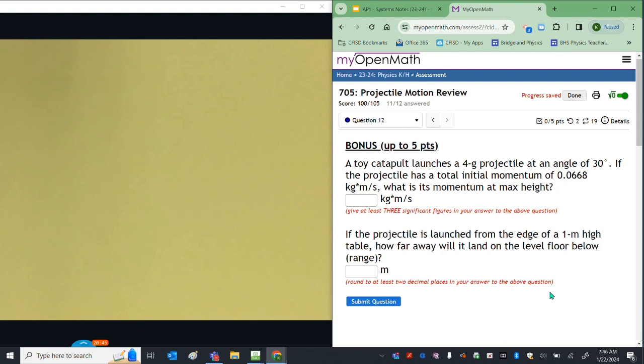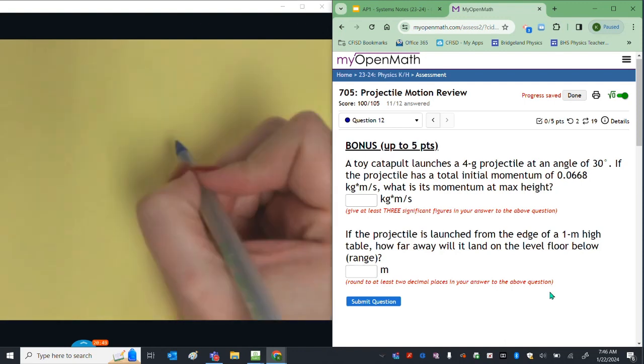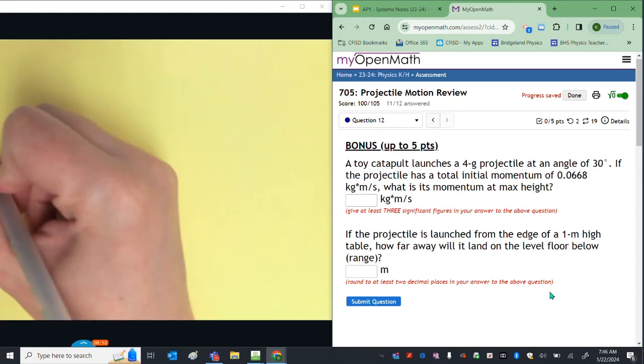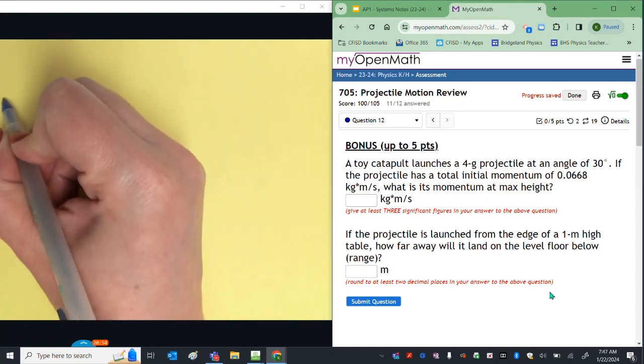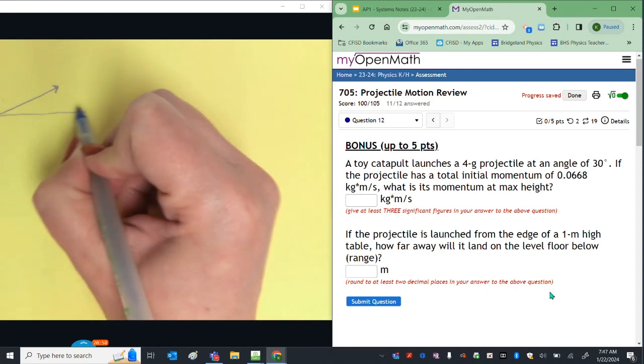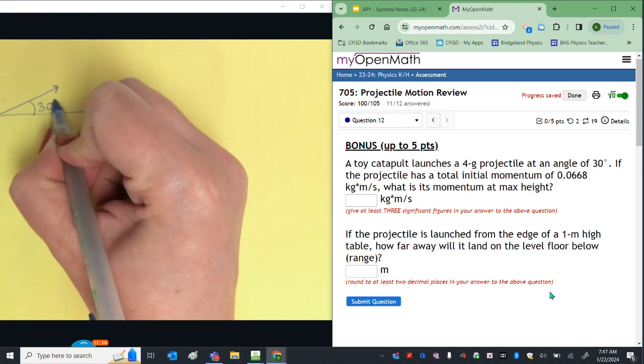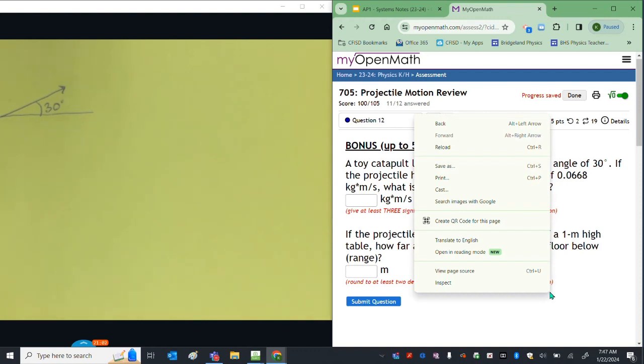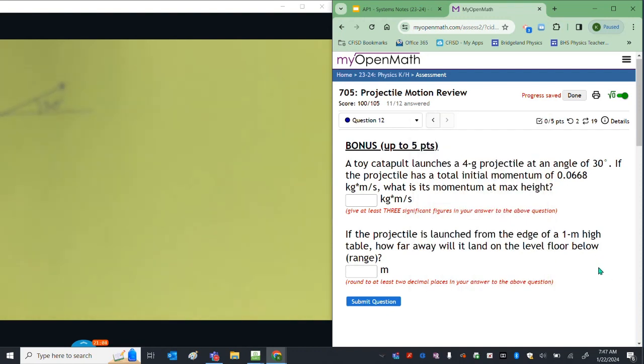It says, a toy catapult launches a 4-gram projectile at an angle of 30 degrees. So I'm just going to draw a picture. There we go. If the projectile has a total initial momentum of 0.0668 kilogram meters per second, what is its momentum at max height?